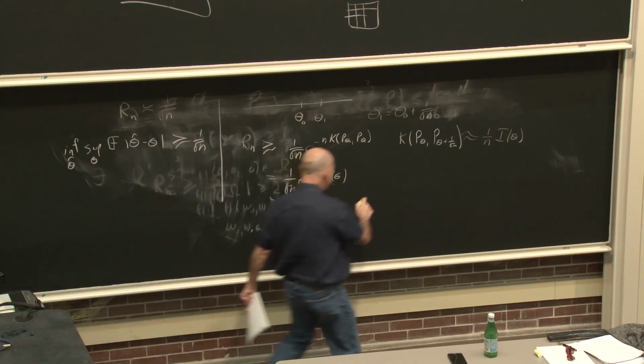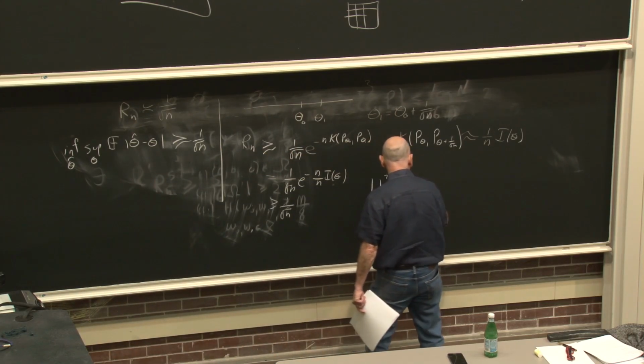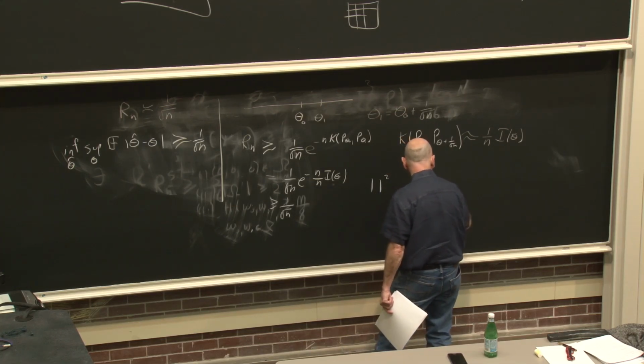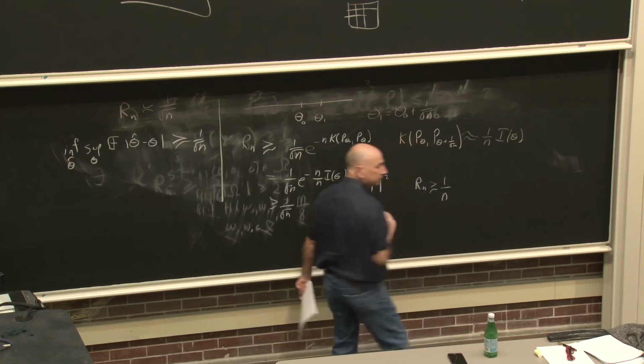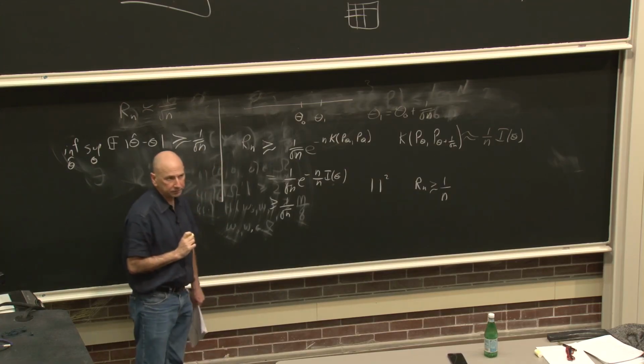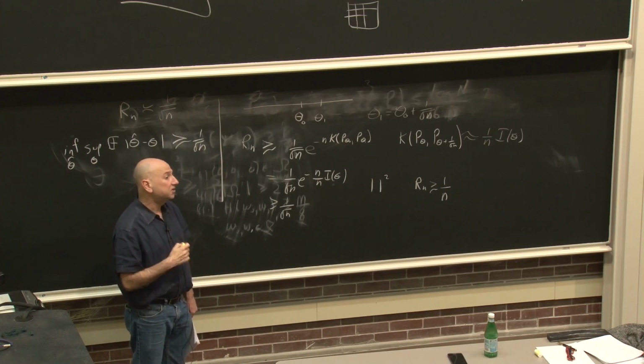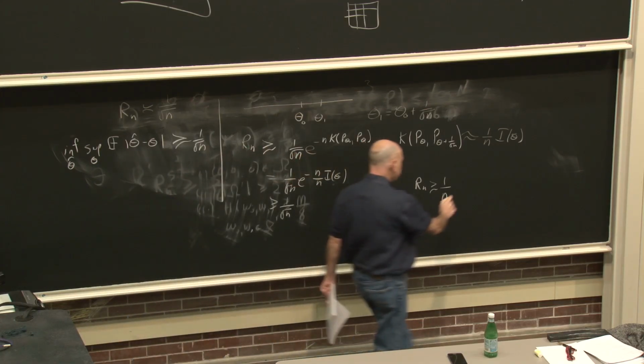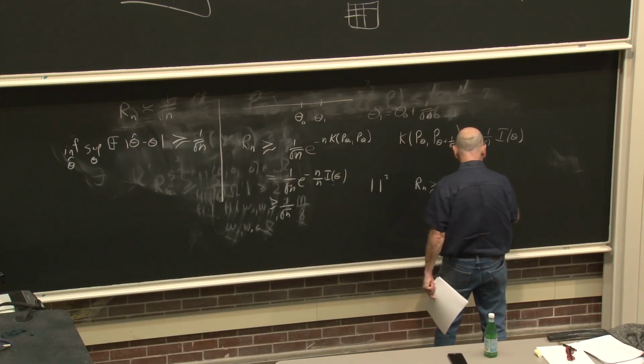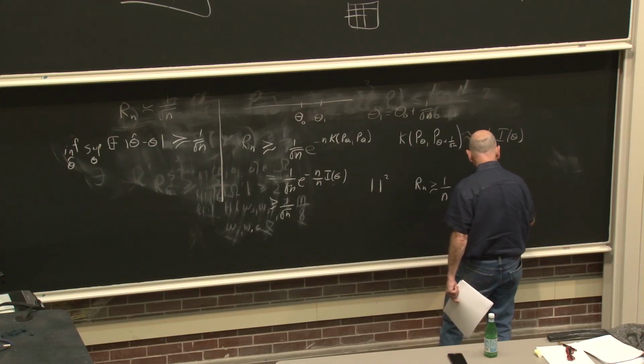Or if we'd done squared error again, if you prefer squared error, that would be 1 over n. If you did it in d dimensions, a d-dimension parametric model, you would simply get d over n.